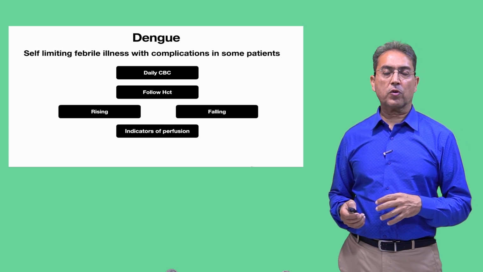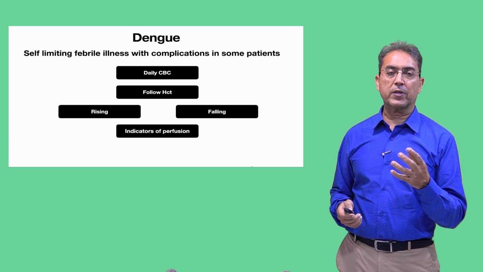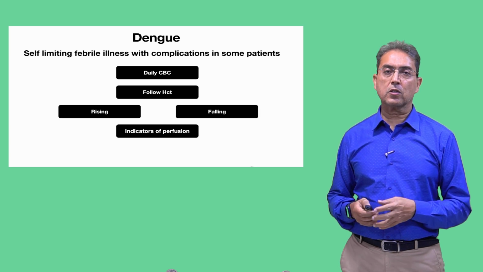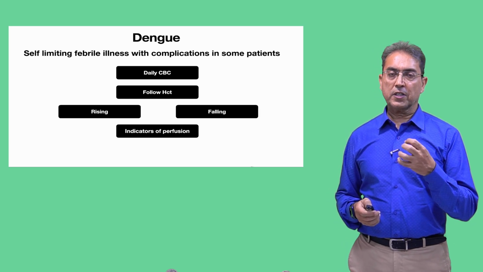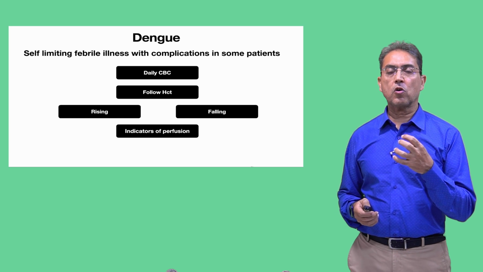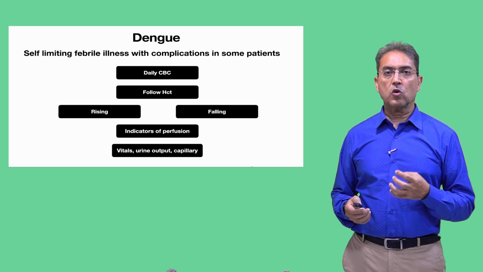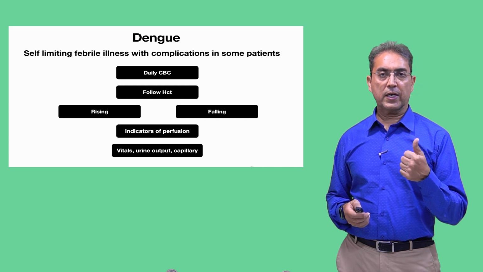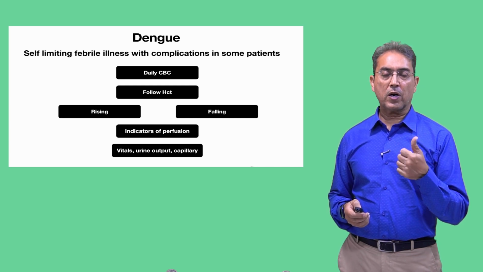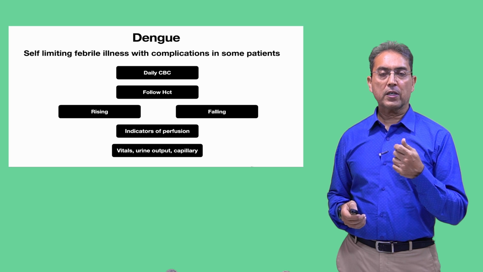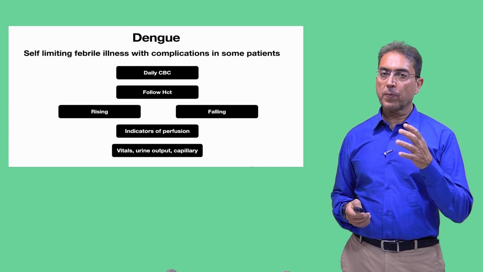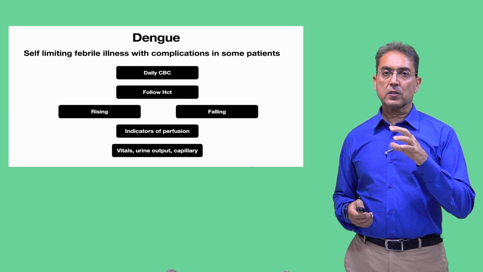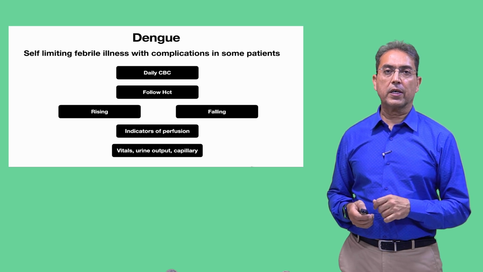And along with the hematocrit, we take certain clinical parameters, that is, the clinical indicators of circulating volume. Is perfusion going on normally or not normally? So among these, we take the vitals of the patients, which include the pulse rate, the pulse pressure, the blood pressure, the urine flow rate, and the capillary refill time. So with these two parameters, we can have a fair idea of what is going on inside the patient.